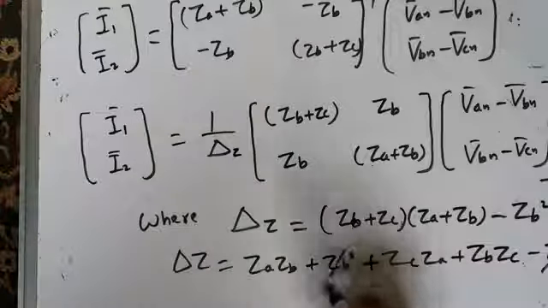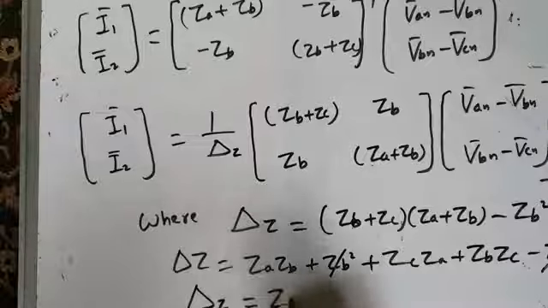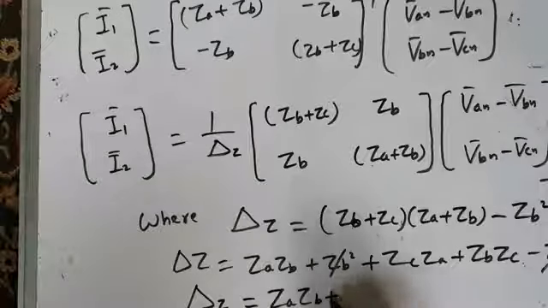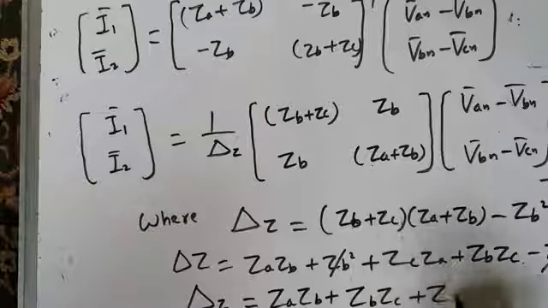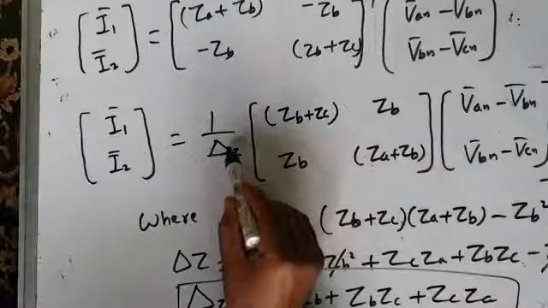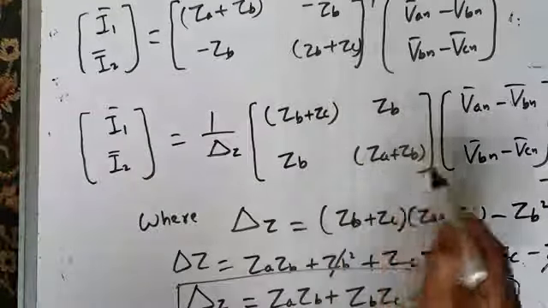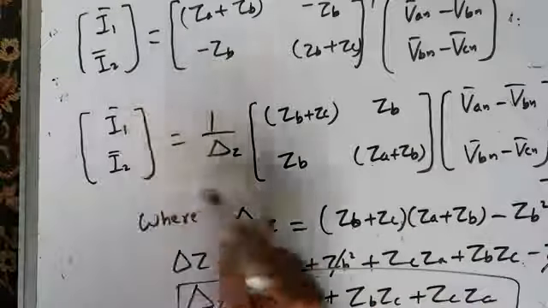Minus ZB square plus ZB square cancels. So this delta Z comes out to be ZA ZB plus ZB ZC plus ZC ZA. So this is your delta Z. So substitute this delta Z here. You know these load impedances, you know ZA, you know ZB, you know ZC. So you can get these currents.